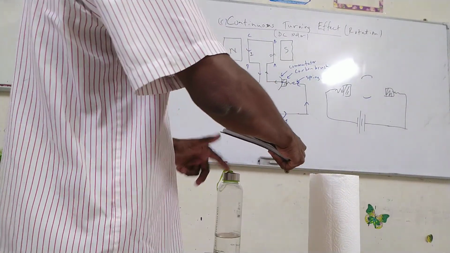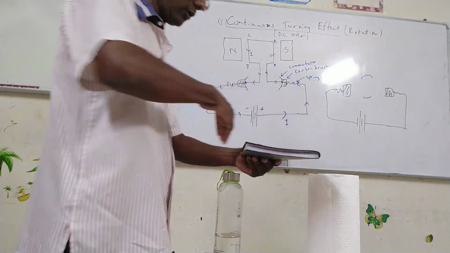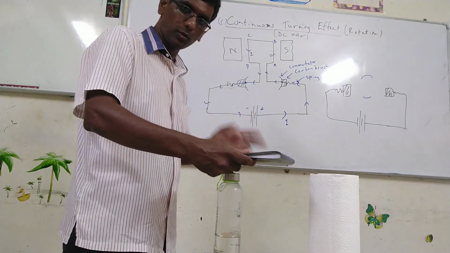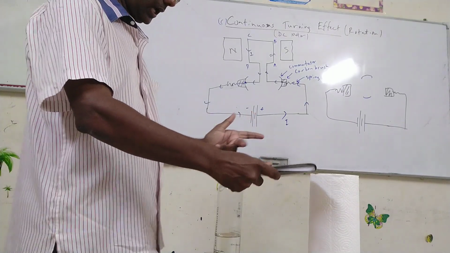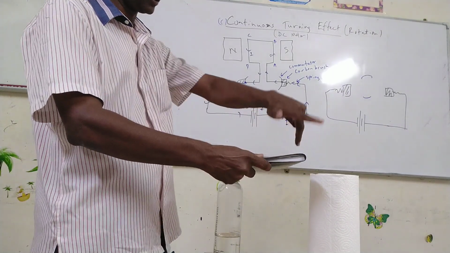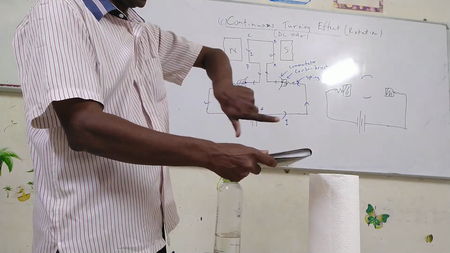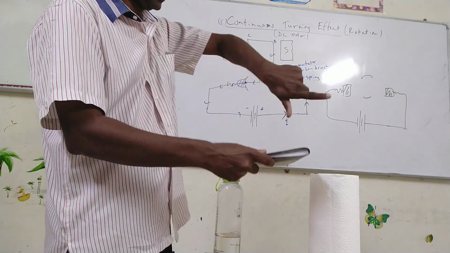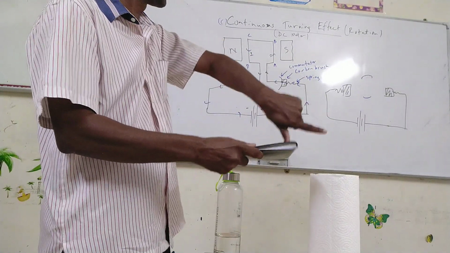Current going in and out. We're going to use the left-hand rule. Current going in, that one is current going in. So with the left-hand rule, the magnetic field is north to south. Current going in and the force acts downwards.